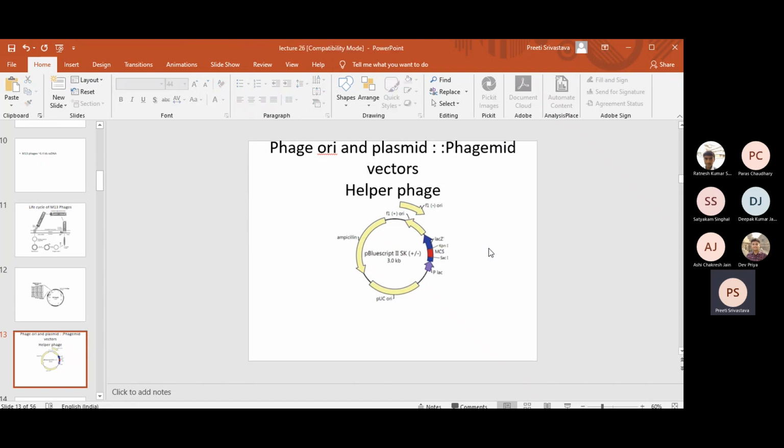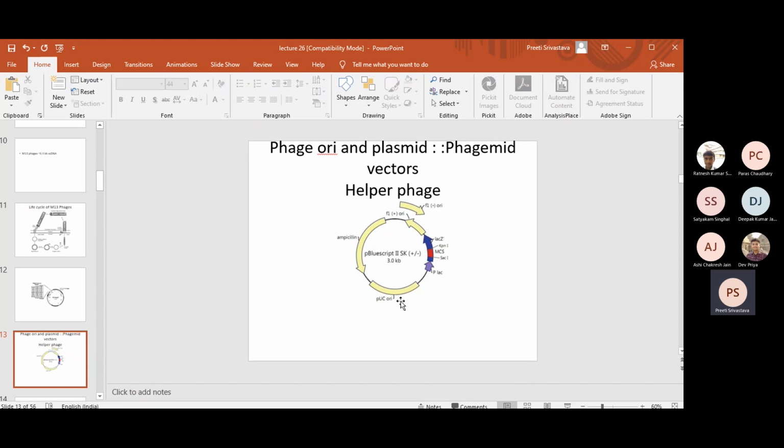That means they contain two origins of replication, one for phage and one for plasmid, and that is why it is called phagemid: phage for phage origin and mid for plasmid. So in this particular map, which is a plasmid map, this F1 origin is actually the phage origin, F is for filamentous phage, and pUC origin is for plasmid origin.